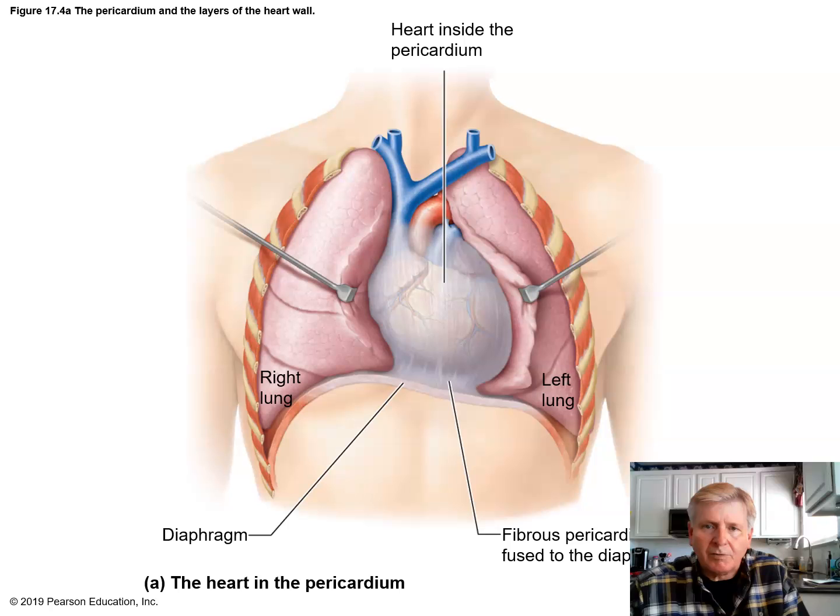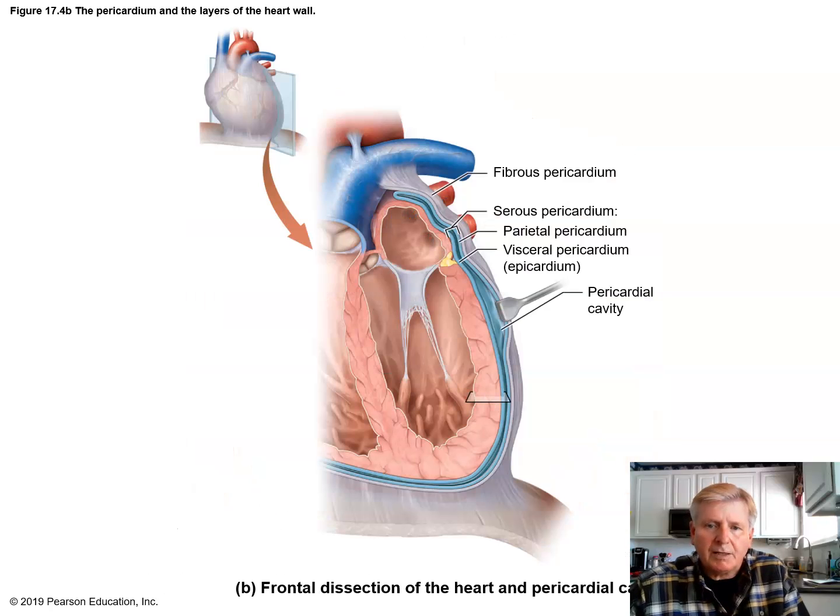So here's another image showing you the heart inside the pericardium. These are the layers again, with the visceral pericardium being the epicardium, the pericardial cavity being the potential space between the two membranes, and then the parietal pericardium, that little thin blue line, is the serous membrane that covers the visceral pericardium.